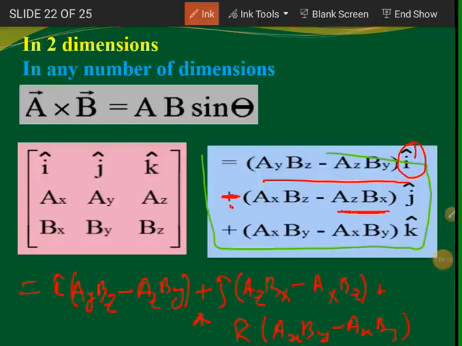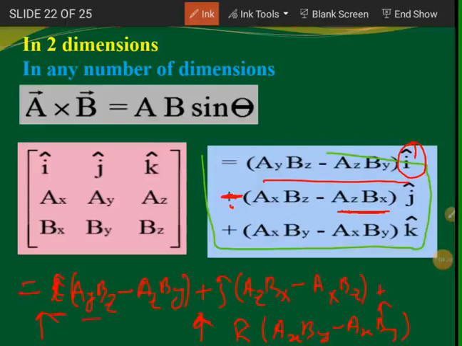So if I remember like this, then it will be very easy. Instead of worrying about this minus and all, all the three terms are positive. And how to remember it? Now this I cap is the unit vector along x-axis.